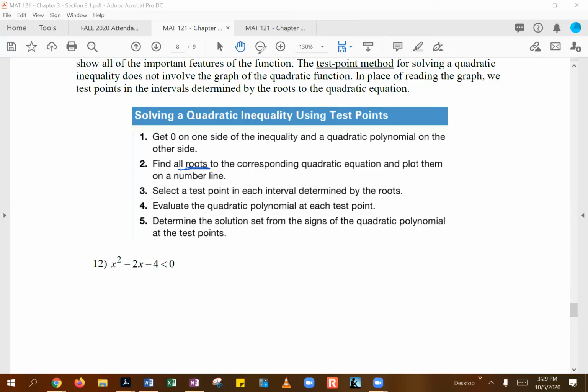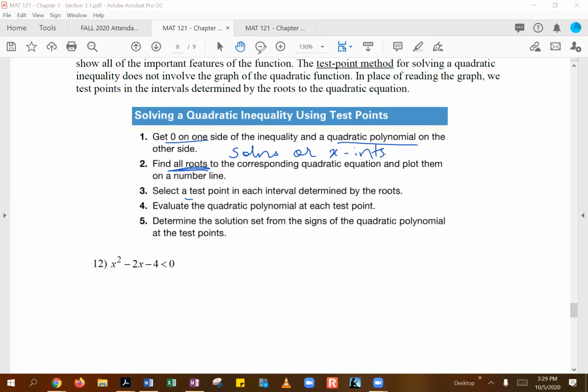Okay, so with the roots, we're basically talking about either finding the solutions for our quadratic equation, or you can think of that as your x-intercepts. Like I said, get 0 on one side, get your quadratic polynomial on the other, and find all your roots.